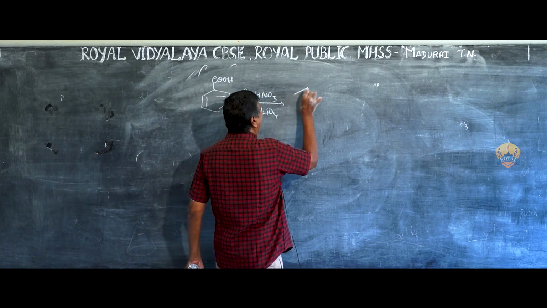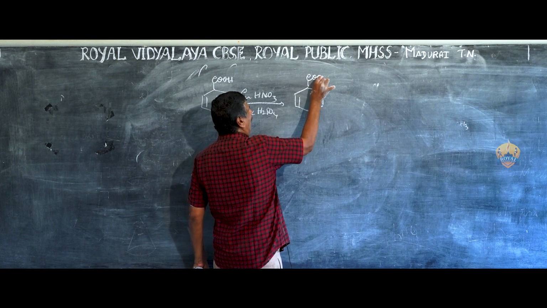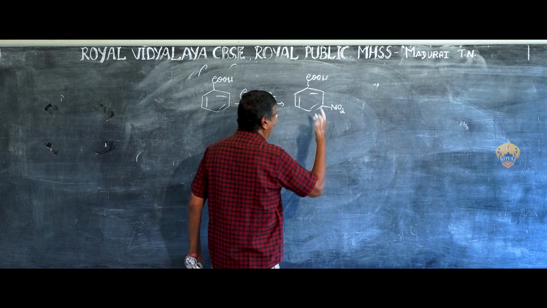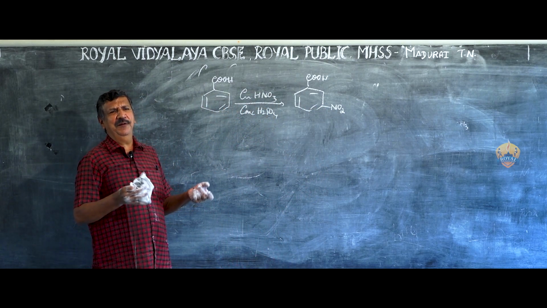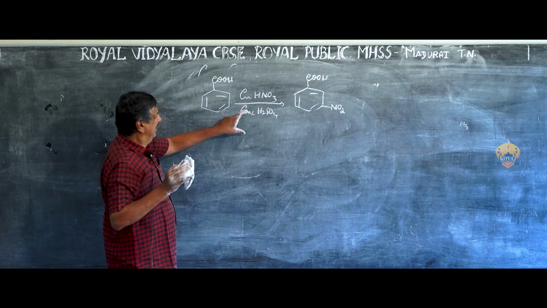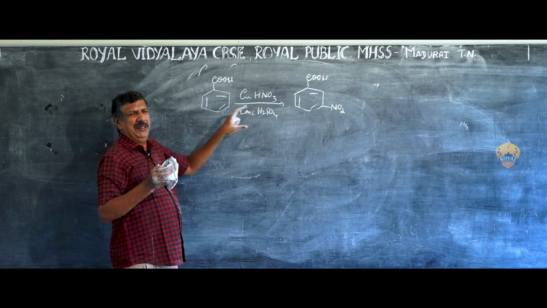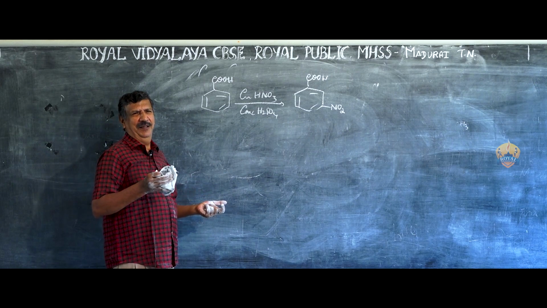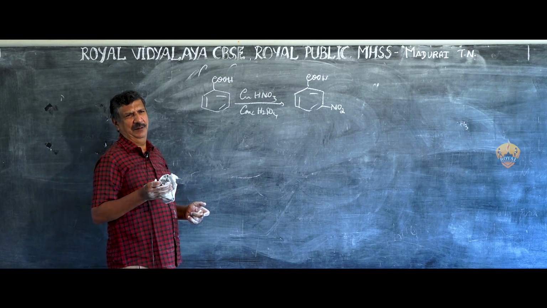So, the product will be meta-nitrobenzoic acid. That's all. You should not learn this reaction here, but I am telling it here because it is in your book. You should learn this reaction from the common reactions.